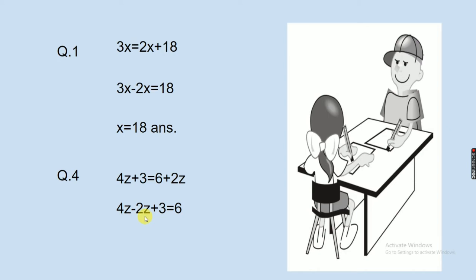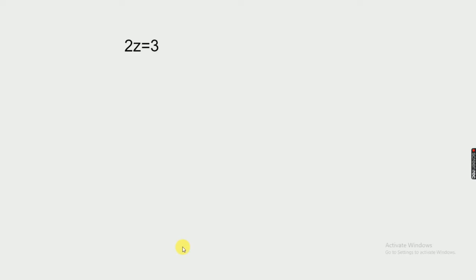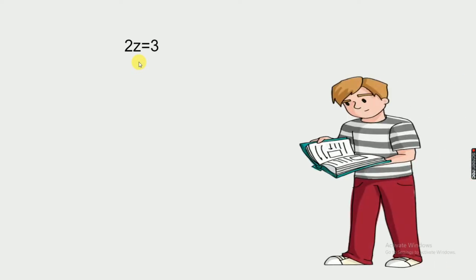Now solving this, 4z minus 2z is equal to 2z, and when we transpose this plus 3 to the other side, it would become minus 3. So it became 6 minus 3. Solving this, we would get 2z is equal to 3.